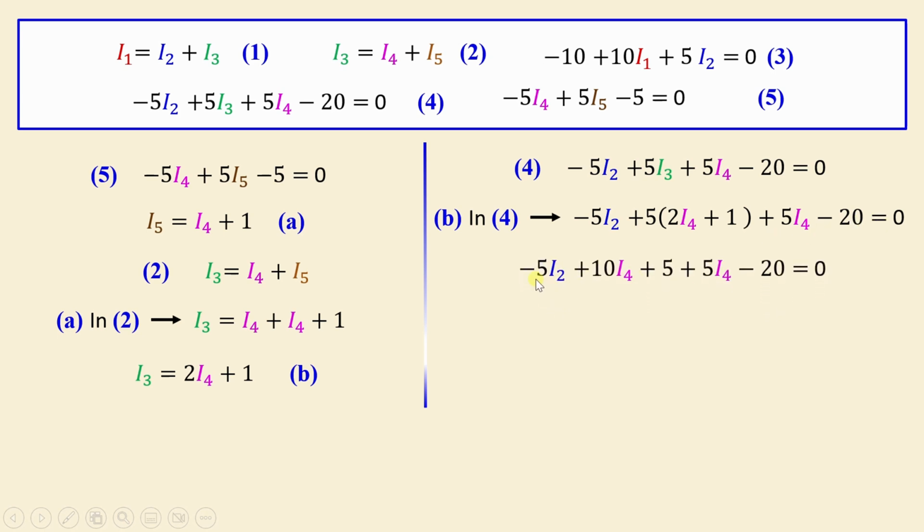Then we have negative 5 I2 plus 10 I4 plus 5 plus 5 I4 minus 20 is equal to 0. If we simplify this equation, we finally obtain negative 5 I2 plus 15 I4 minus 15 is equal to 0. Then we obtain I2 is equal to 3 I4 minus 3. And here we write I2 in terms of I4, and I will call this equation C.